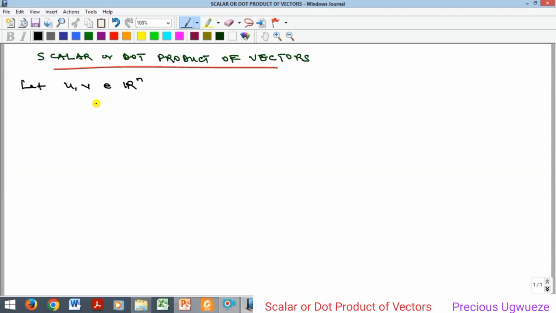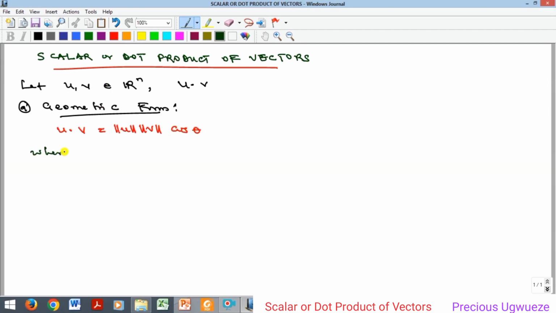If that is true, we are saying that the dot product is defined or given as u dot v. To define this, we have two forms of definitions we are going to see, and the first one is the geometric form of the dot product. This one says that u dot v is simply equal to the magnitude of u times the magnitude of v, then cos theta, where theta is simply the angle between u and v.